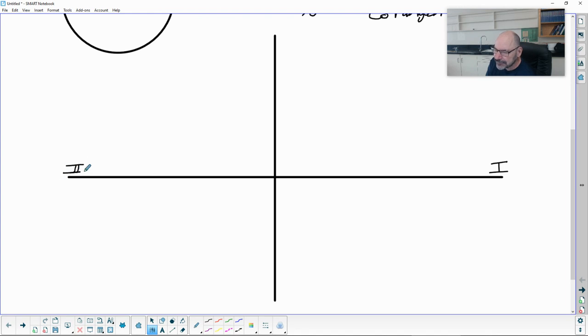This one's 2, this one's 3, and then we have 4 over here. In quadrant 1, x is positive and y is positive. So everything is positive in quadrant 1. Sine, cosine, and tangent are all positive. So sine is positive.